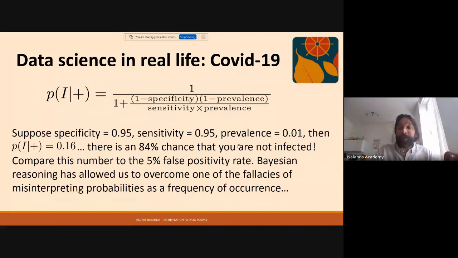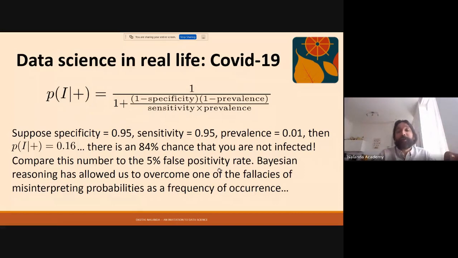Only 1% of people out there have COVID, but if your test gives a 5% false positivity rate, that means it's 5 times more likely to say that somebody has COVID than actually has COVID. So it shouldn't be a surprise that a positive test result is most likely to be wrong.